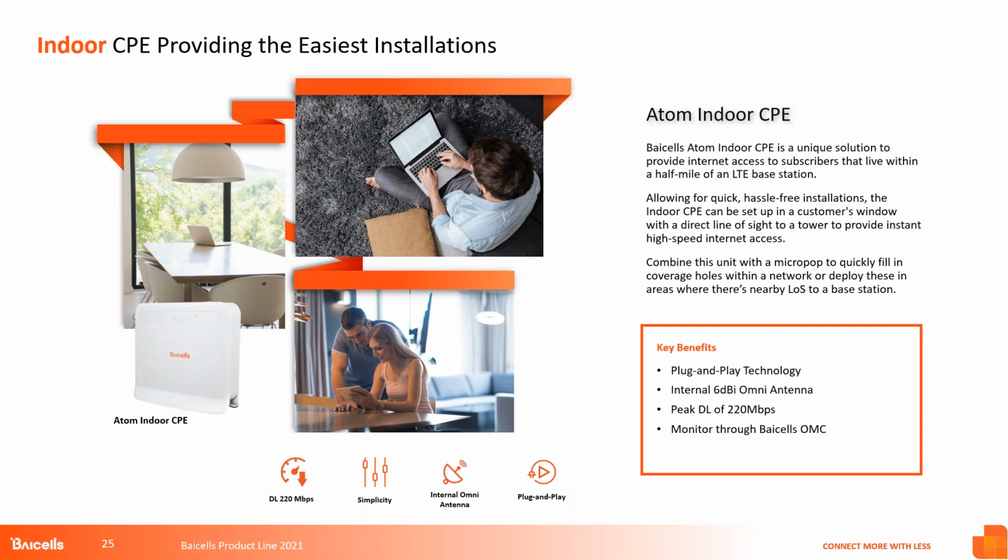But the indoor CPE is where I've had great conversations with customers, and as you're doing a wide area network deployment, if you're buying 100, 200, 300 different devices, having that kind of mix of an indoor device and an outdoor device, to me, brings a lot of value.